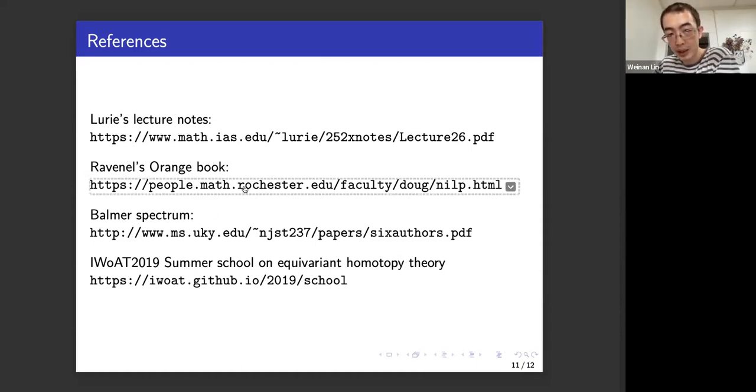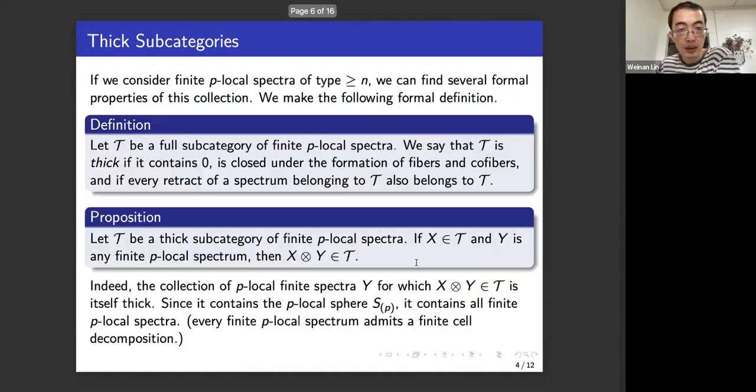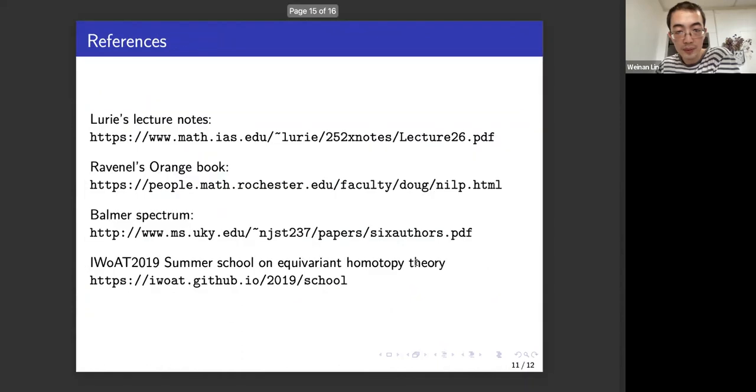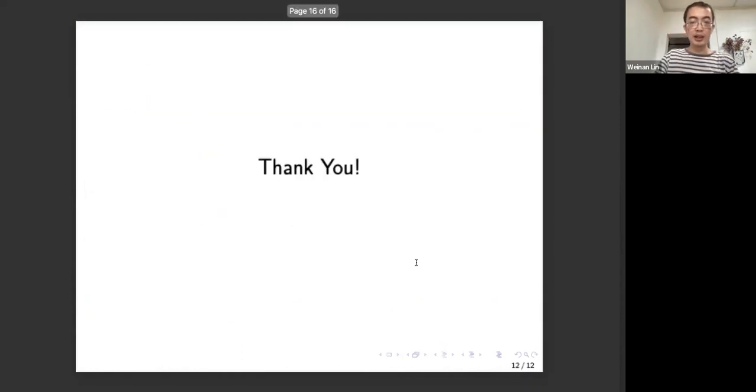It's about chromatic homotopy theory, and in the end, you can read this paper of 6 authors I just mentioned. They also named the file by the 6 authors, and the summer school link here. It's our summer school in 2019, and we talk about equivariant homotopy theory. So yeah, I think that's all of my talk.